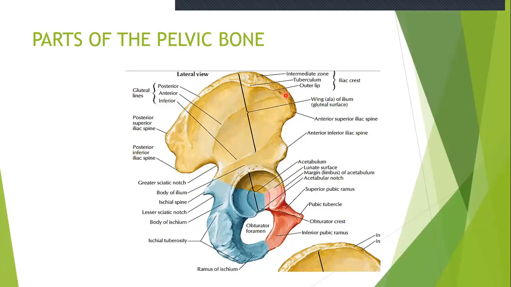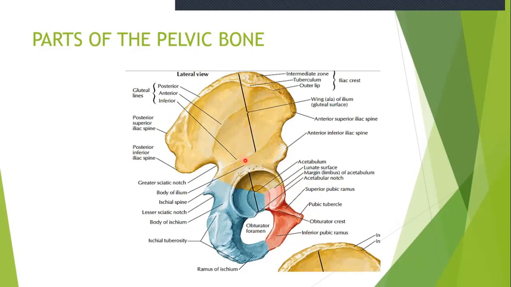Then we have the iliac crest here, the superior boundary of the gluteal region, which has an outer lip, an intermediate zone, and an inner lip. Those are very important, especially when we look at the origins and insertions of muscles of the anterior abdominal wall. Some muscles like the external abdominal oblique originate from the outer lip. That is just an example, but I want you to understand all these parts.